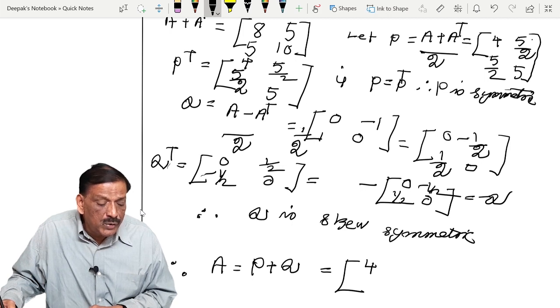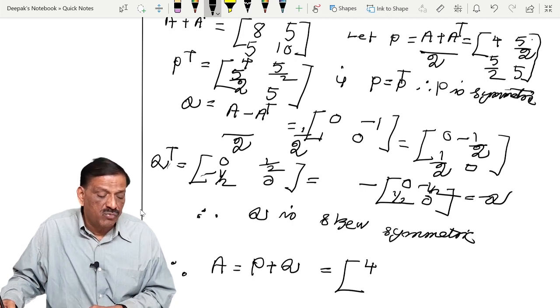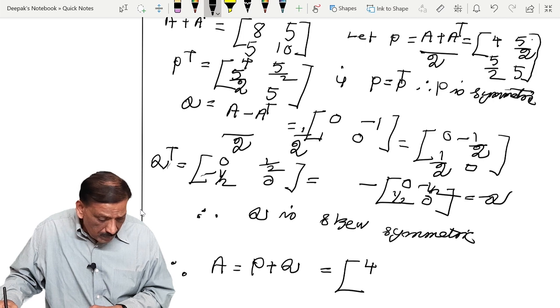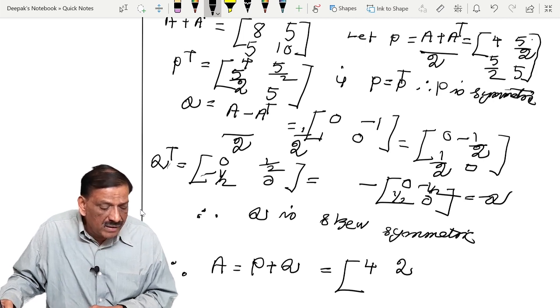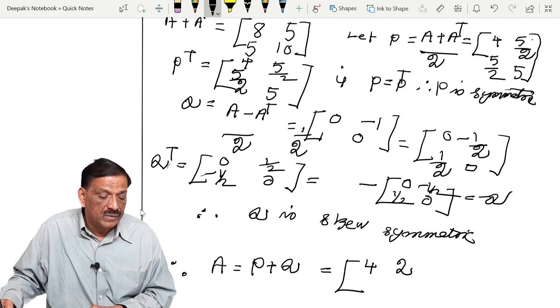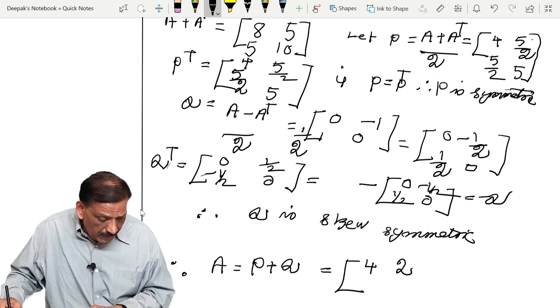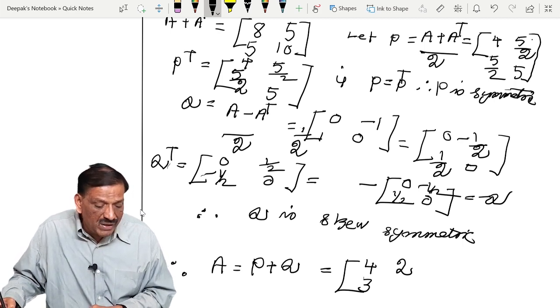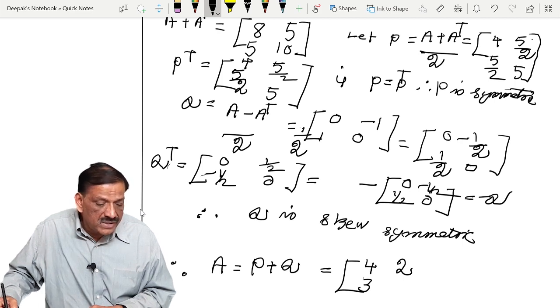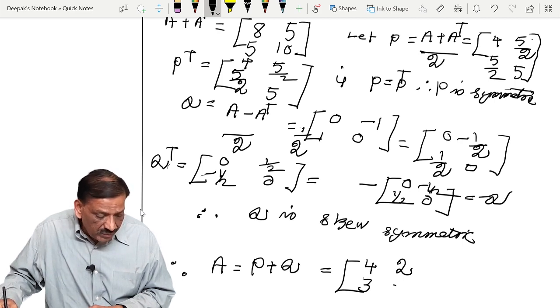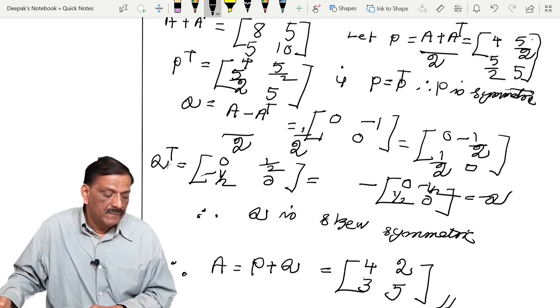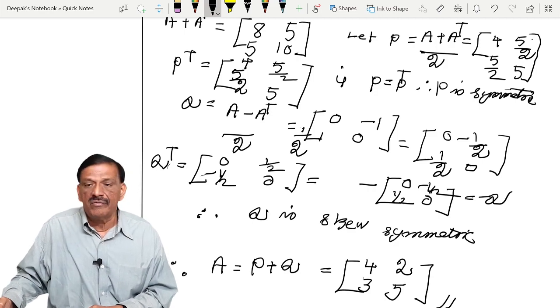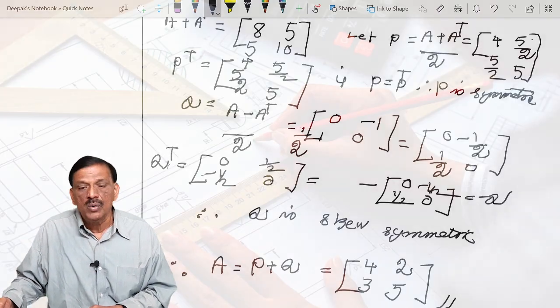Then 5 by 2 plus minus 1 by 2, that is 4 by 2, that is 2. Then 5 by 2 plus 1 by 2, that is 6 by 2, that is 3. Then 5 plus 0, that is 5. That is the answer: 4, 2, 3, 5. A is equal to P plus Q.